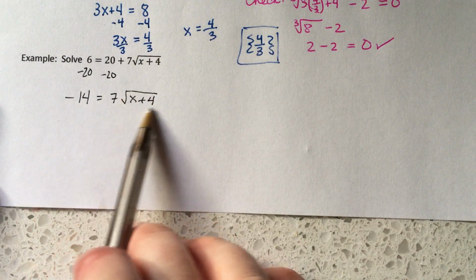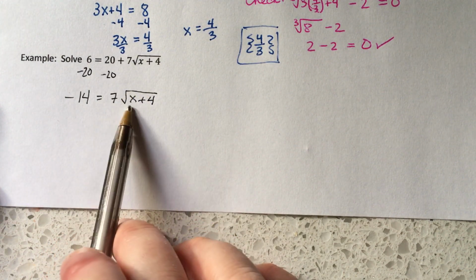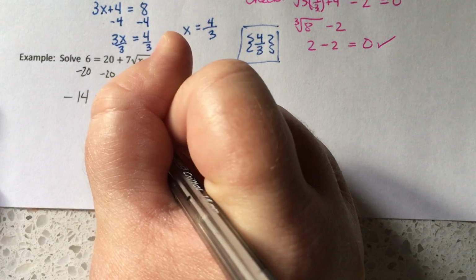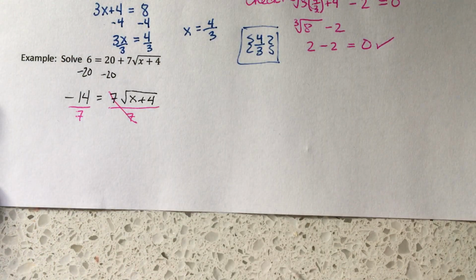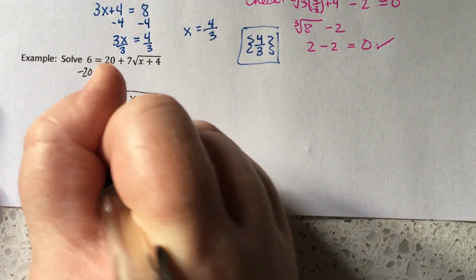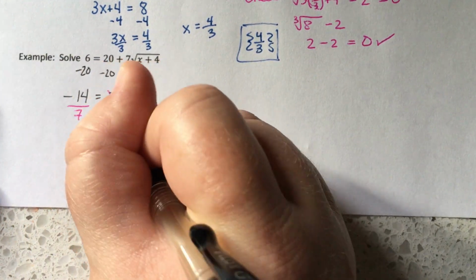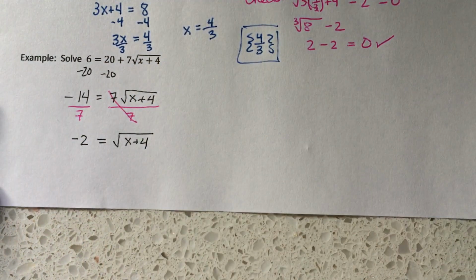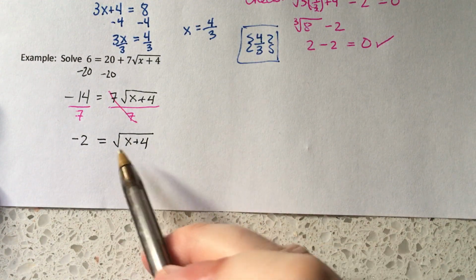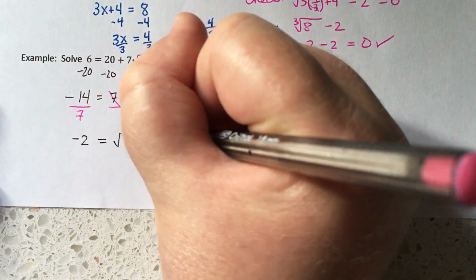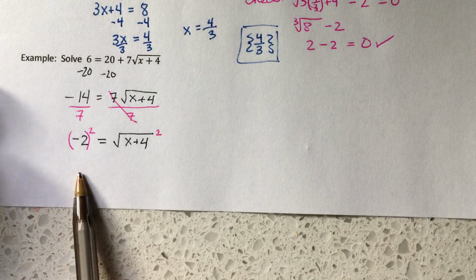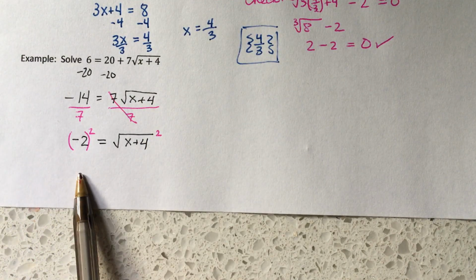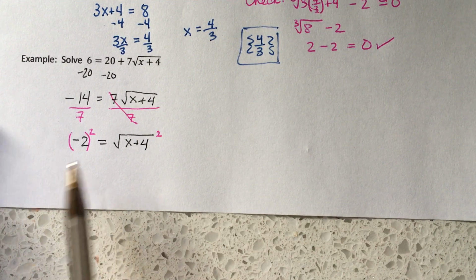Now, before squaring to undo the square root, I still need to get it alone. So I'm going to divide both sides by 7. And that gives me negative 2 equals the square root of x plus 4. To undo a square root, we need to square. Again, using parentheses, so it's the entire left side of the equation I'm squaring, just like it's the entire right side.